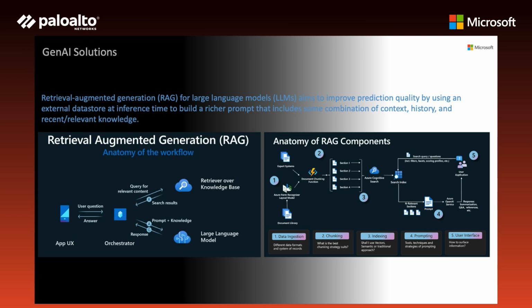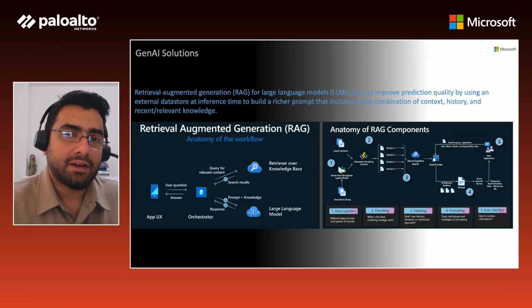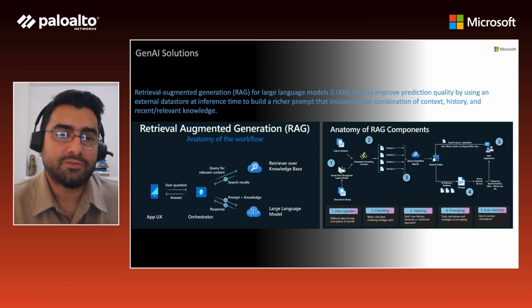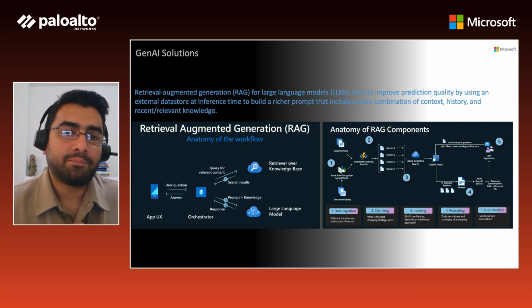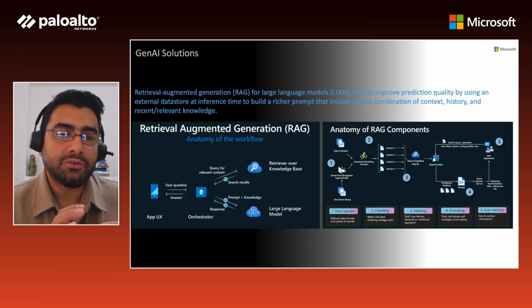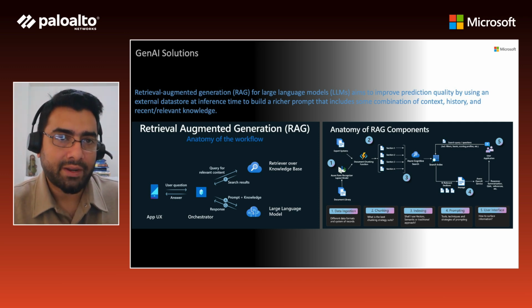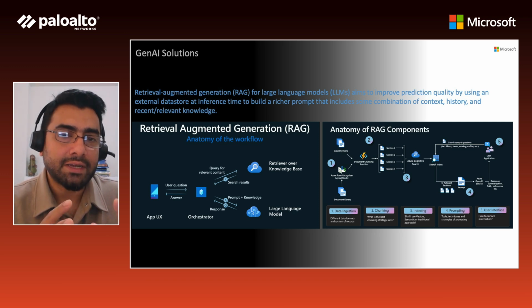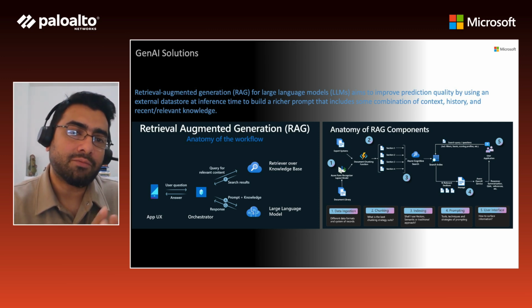So on the diagram, you can see here the knowledge base is created. It continuously searches for knowledge results and queries the relevant content, and the user can create prompts that can look into these knowledge bases. And the large language model from the OpenAI service that we have creates the content reply back as a response to the users.